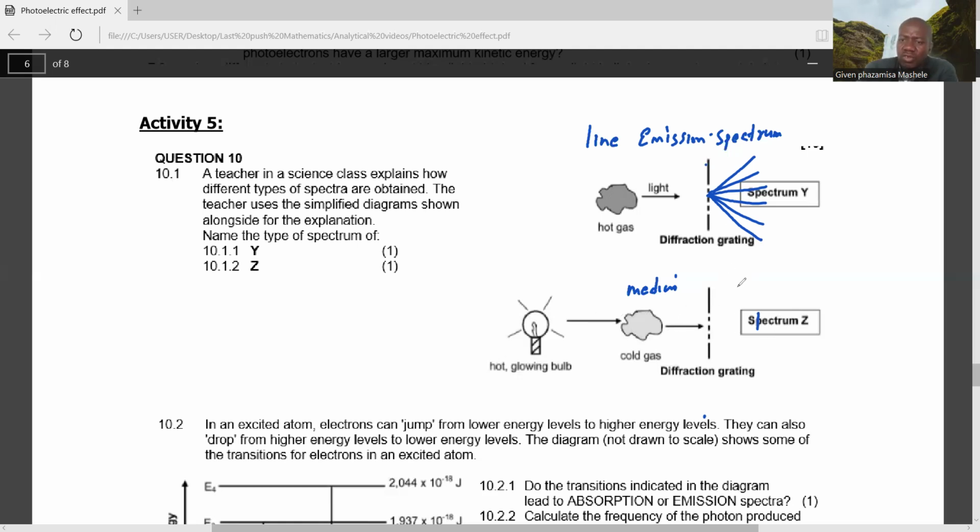So this will be absorption, an absorption spectrum. So we know Y is emission, then Z is absorption. I've explained that in the previous slide.